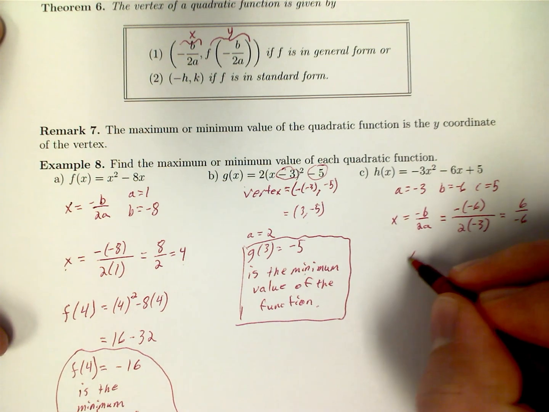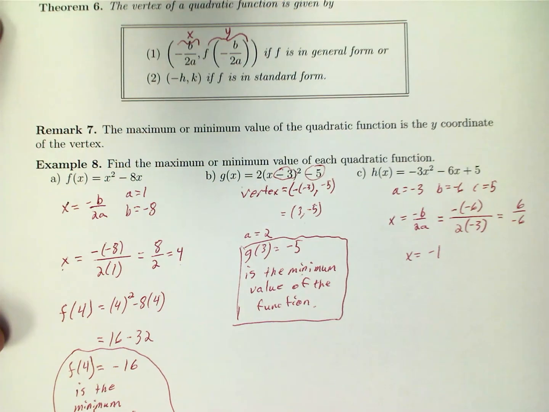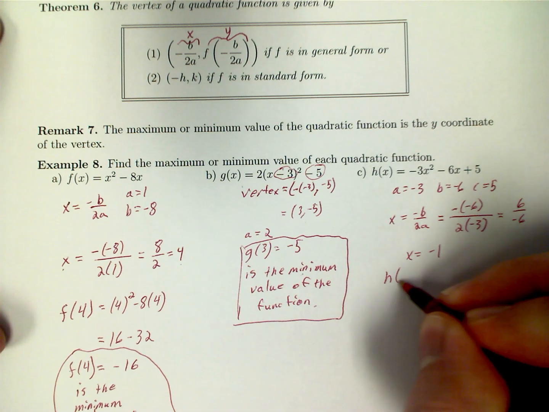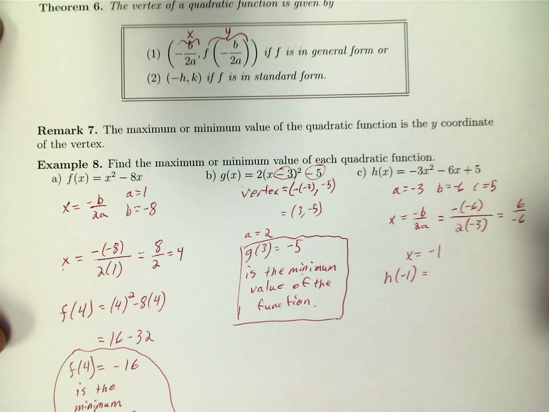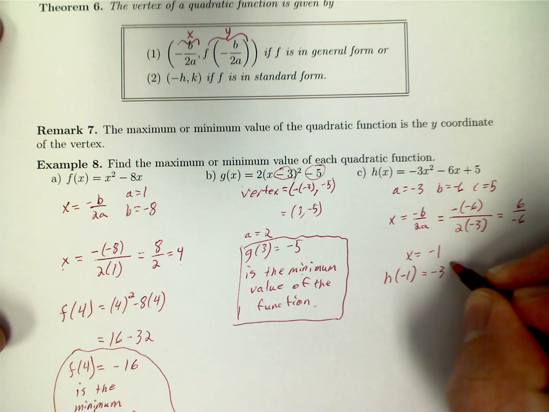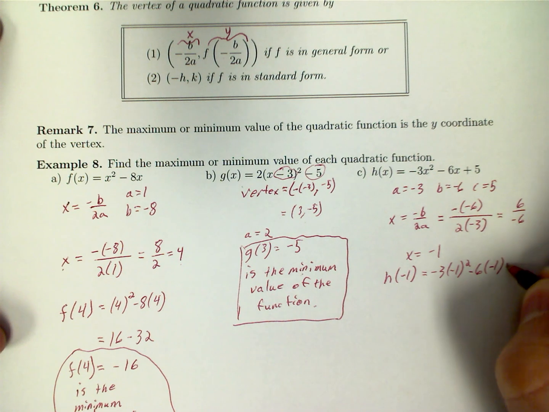And this is negative 1. 6 divided by negative 6 is negative 1. Then we take this value and we plug it back in. h of negative 1 equals negative 3 times negative 1 squared, minus 6 times negative 1, plus 5.